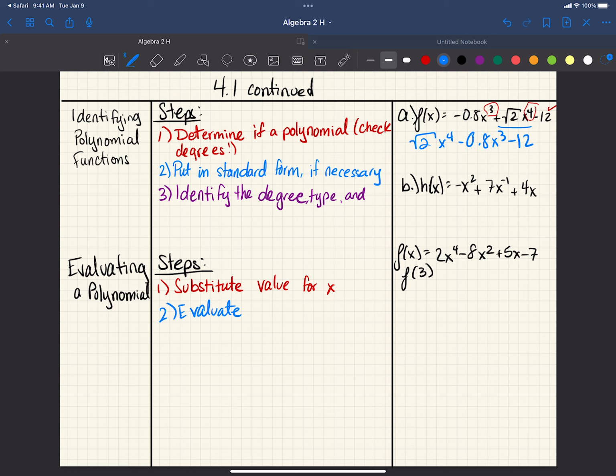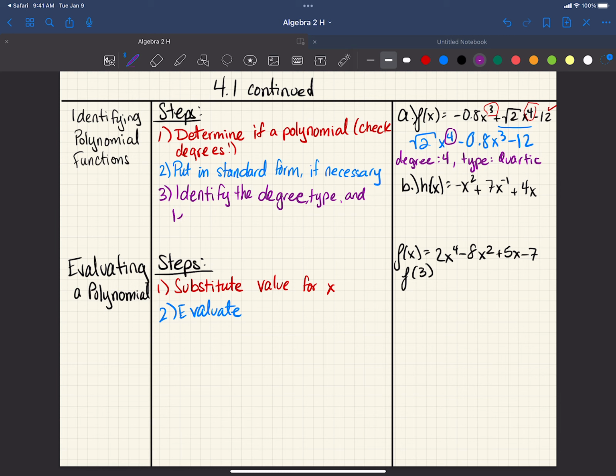And minus 12. So now this is in standard form, and I'm going to identify a degree, which is the largest exponent, so it's a degree of 4. The type, so if it's to the fourth power, it is a quartic. And then, actually, I cut off the last part.